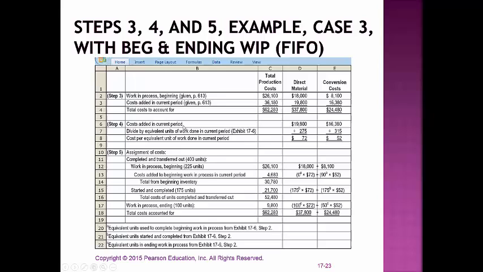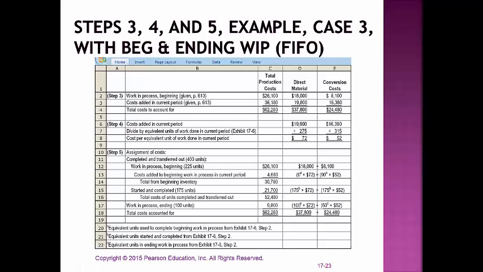We need to use the equivalent units from step 2, taking 19,800 and dividing it by 275, and taking 16,380 and dividing it by 315 in order to have the cost per equivalent unit, and using that down here. In regards to the assignment of cost, we completed and transferred out 400 units total.